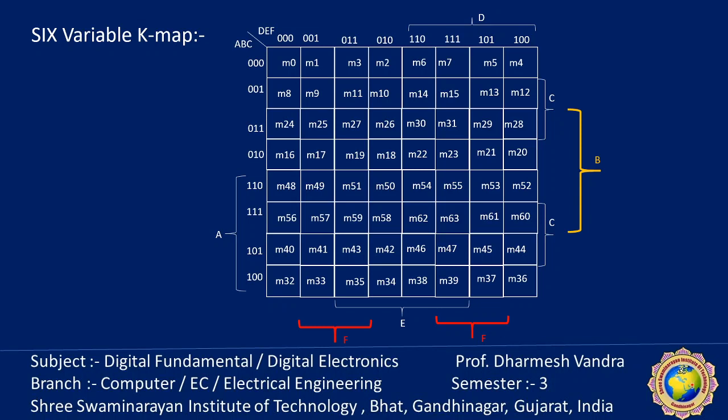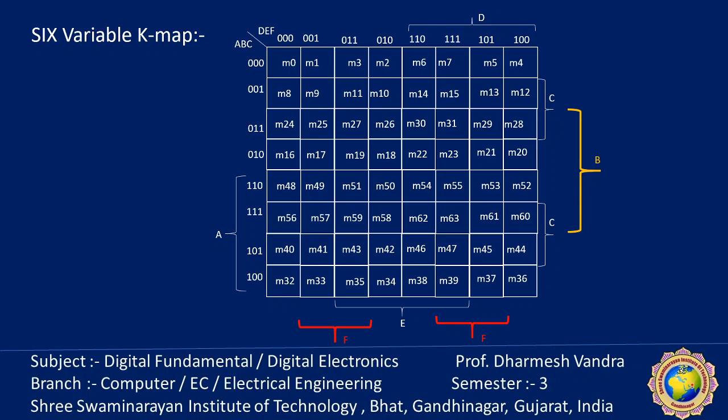There are a number of combinations possible, and it requires sharp knowledge of how to make logical groups of variables using these 64 cells. Normally it is advisable to use the tabulation method, which we'll discuss later in the next sessions.